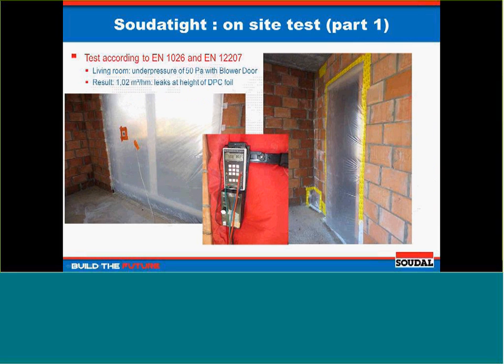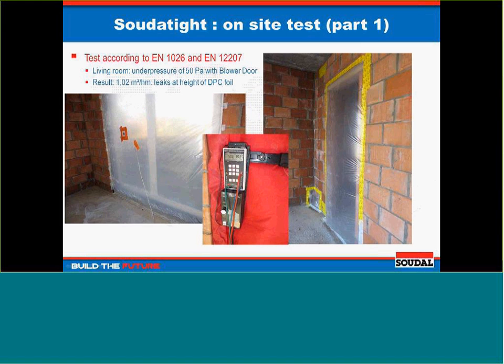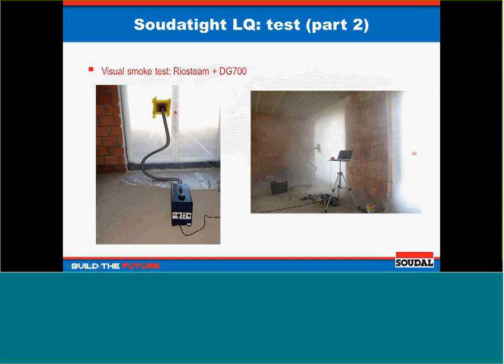One of them was just filled with foam, the other one with foam and the new liquid membrane, with obvious and very different results, of course. We did the test according to the window and door norm, as you can see over here. And we did an extra smoke test to visualize the results with the Rheostream.